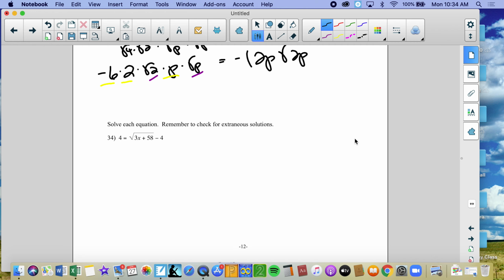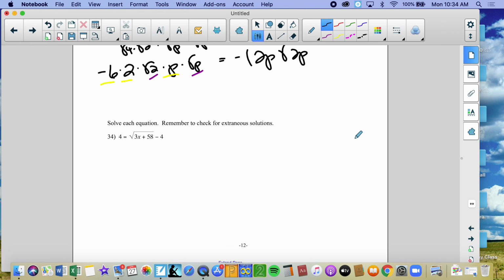Love radicals. Now we're going to solve for the variable. Much like absolute values, we're going to isolate the radical first. So we're going to add 4 to both sides. You get 8 equals rad 3x plus 58. What gets rid of a radical?